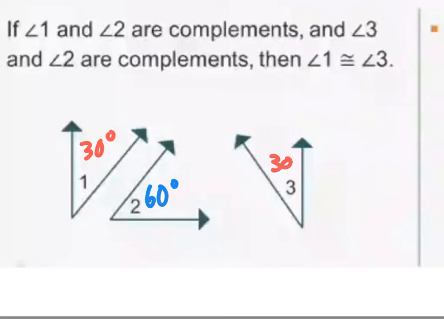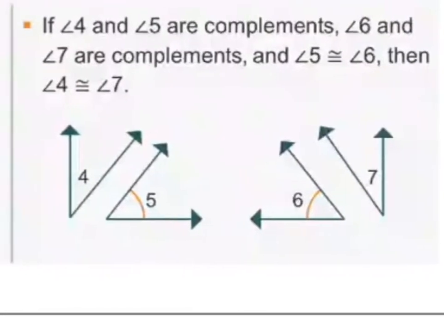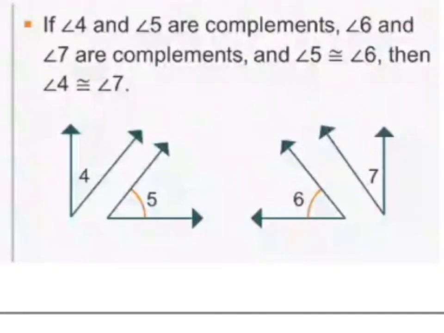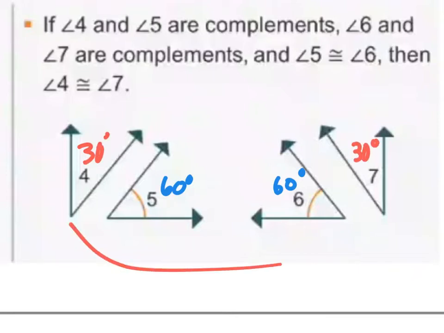So you understand the idea, these are congruent. Same thing here. Let's say that angle 5 and angle 6 are both 60 degrees. Then their complements would have to be 30 degrees. And again, these two are congruent.